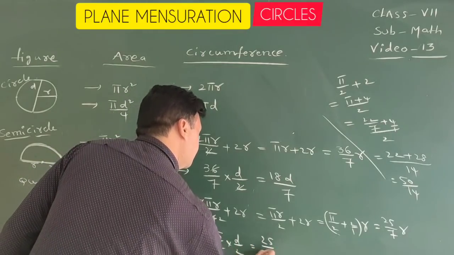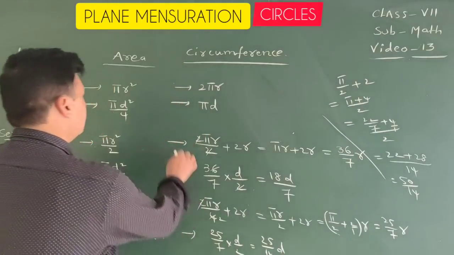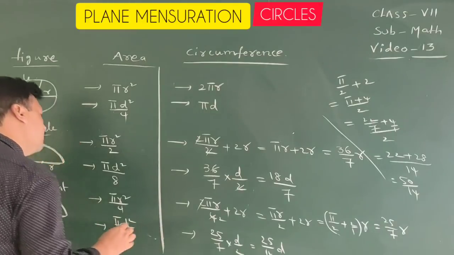So 25 by 14 d is the circumference of a quadrant.